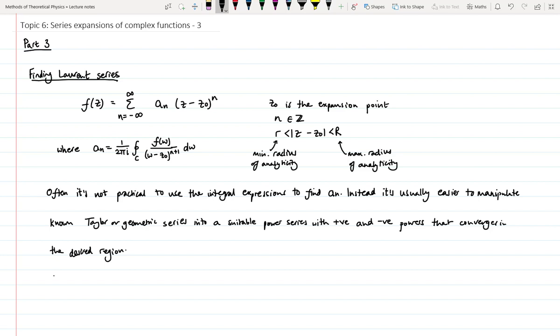I'll also note that it doesn't really matter which of these approaches you use, whether you use the integral expressions or you spot an appropriate geometric series. The approach doesn't matter. And that's because it can be shown that Laurent series are unique.